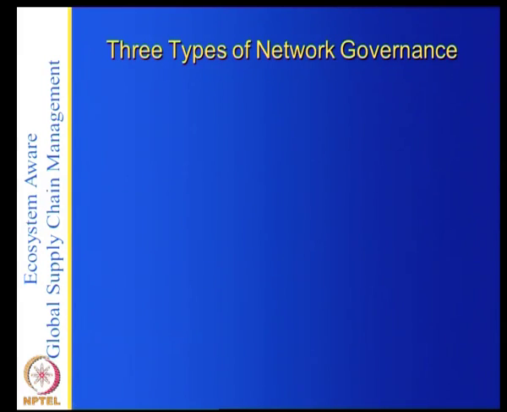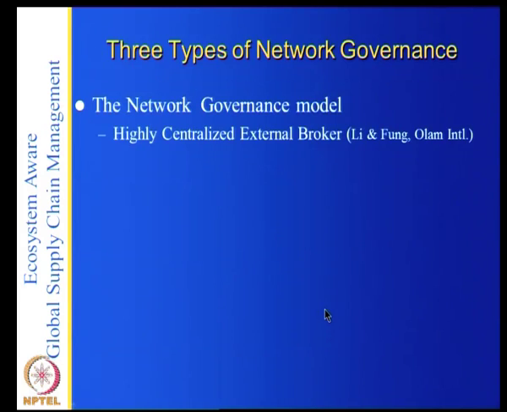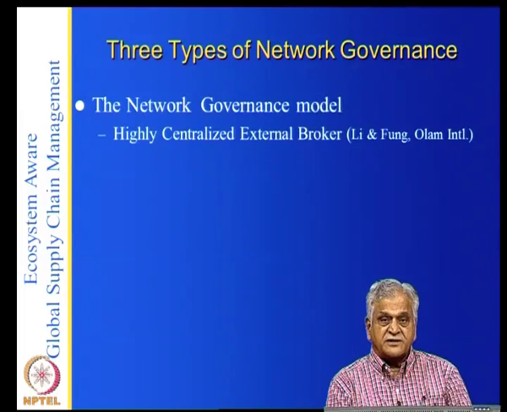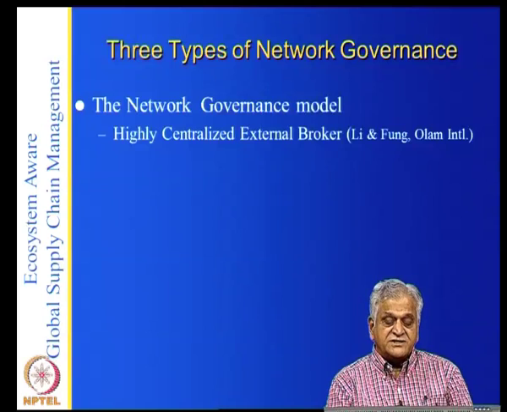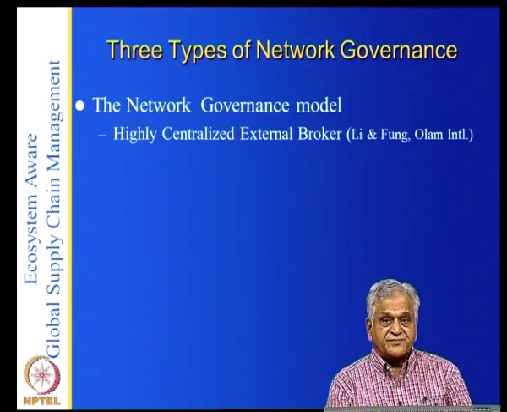There are three types of network governance that are followed. What is the first network governance model? Highly centralized external broker. In other words, there is a fellow, Li and Fung, Volume International in agriculture. He is a highly centralized external broker. He doesn't own any manufacturing or anything.